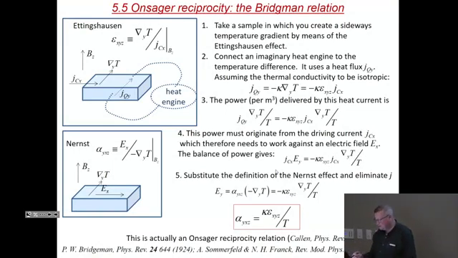And so you now substitute here in EY the expression for the Nernst coefficient. So the Nernst coefficient, I have to take this and I have to do EY over grad XT.